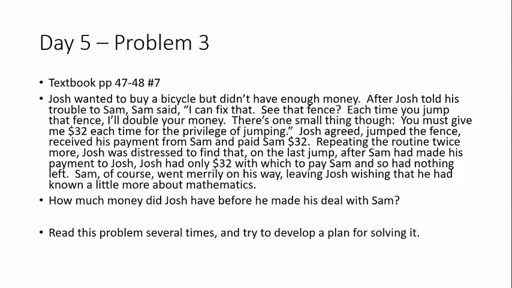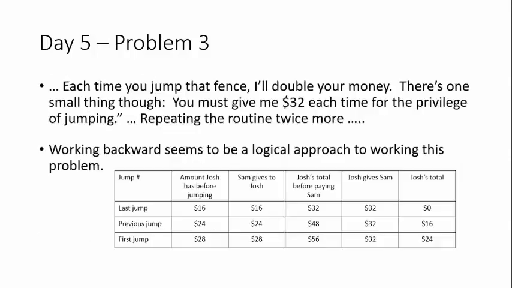So let's look at the question again. How much money did Josh have before he made his deal with Sam? He would have begun this process with $28. This is the solution to the problem.